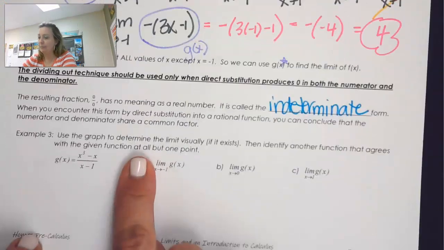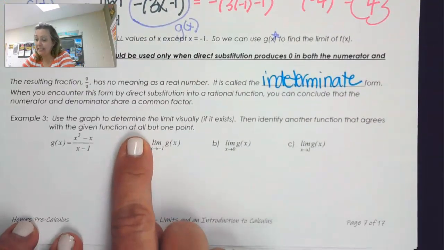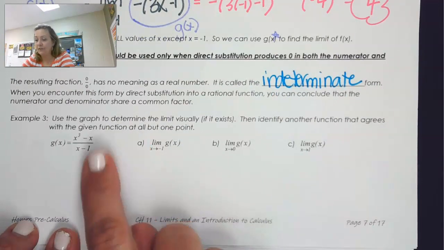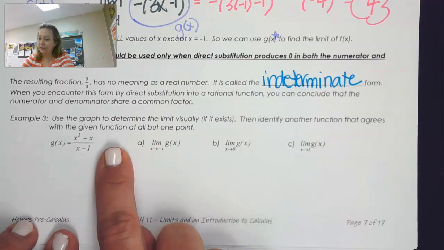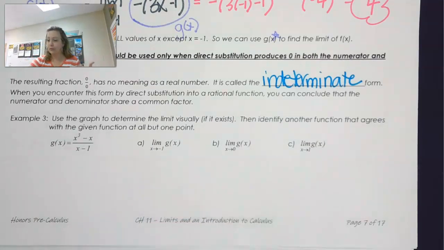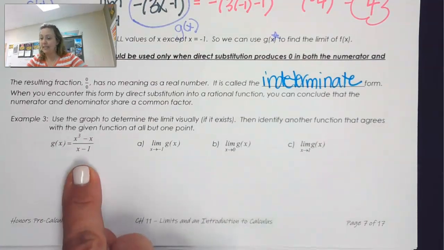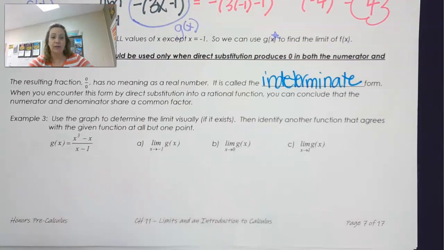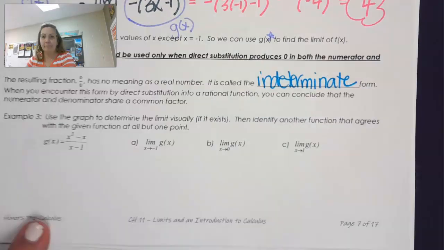In this case, we're going to use the graph to determine the limit visually if it exists. Then we'll identify another function that agrees with the given function at all but one point. So if we were to graph g of x equals x cubed minus x over x minus 1, let me do that real quick.